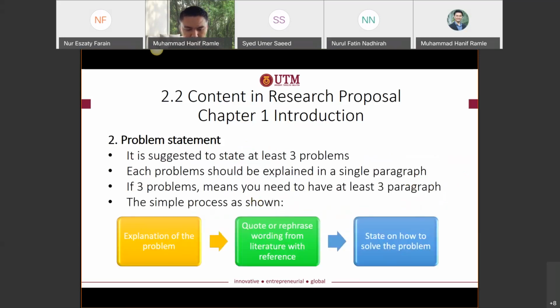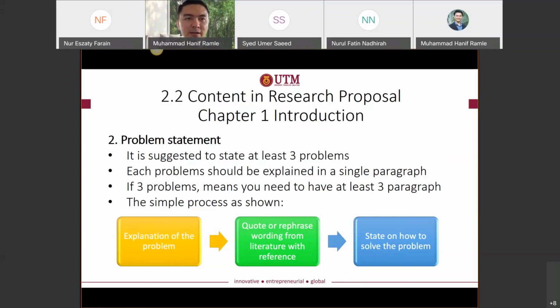Another way is you can put at least 3 problems. I always ask my students to put at least 3 problems that you want to tackle. Maybe the first problem is in terms of the device itself. What is the problem that happens on that device?